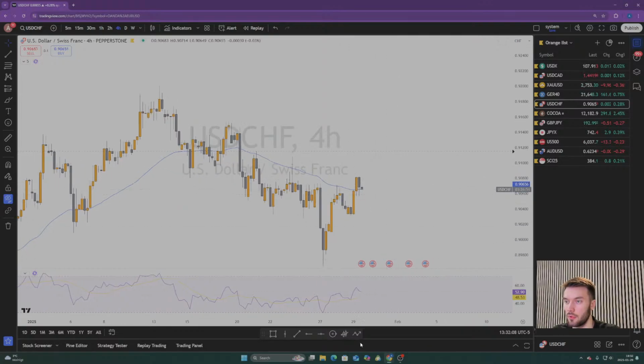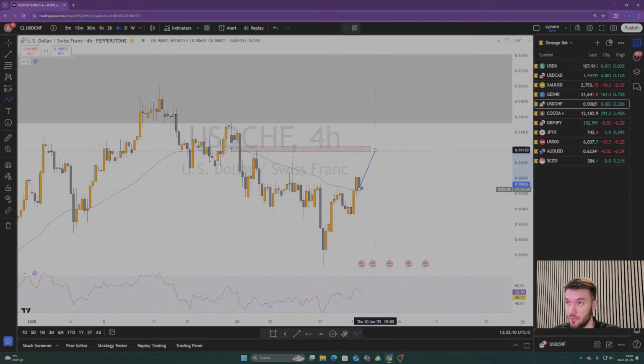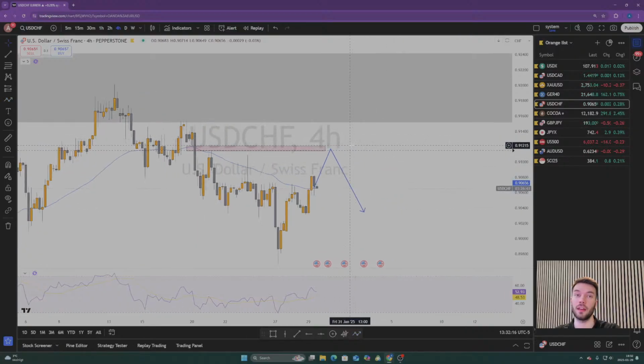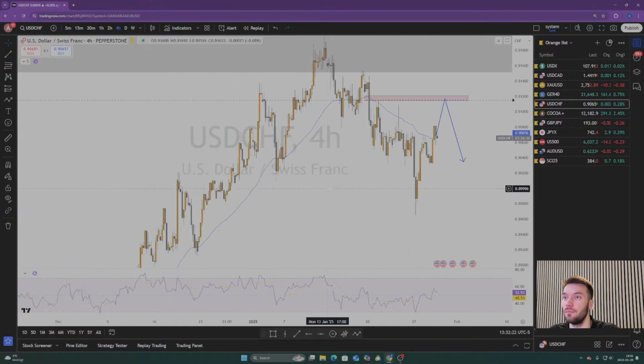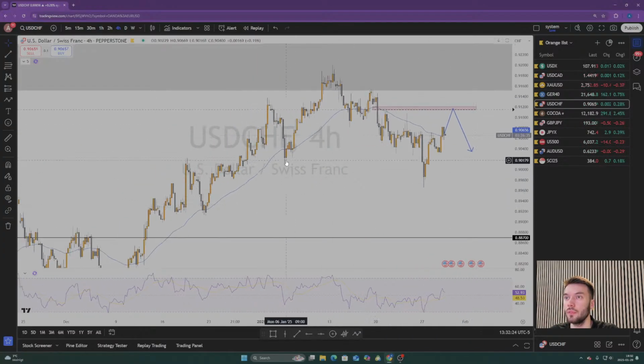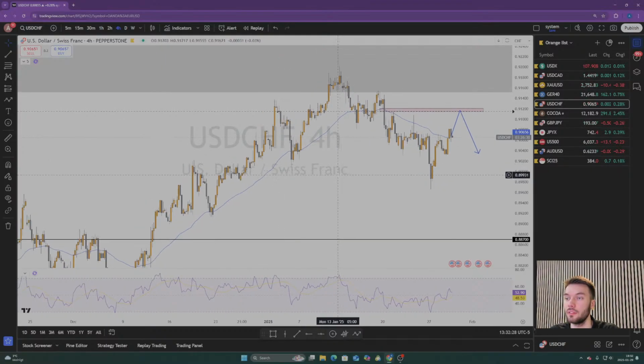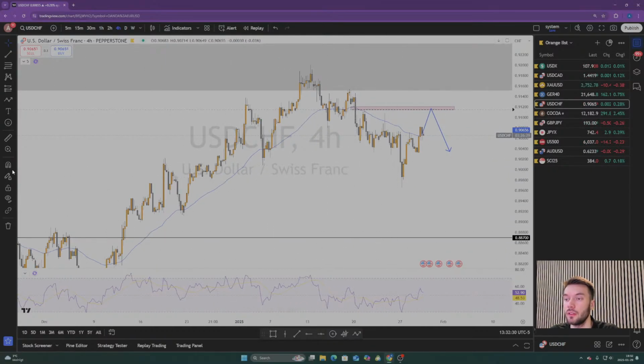So price coming up here, retesting this, pulling back. We get an entry signal right here. That's interesting. Broke structure right here as well. Very nice.